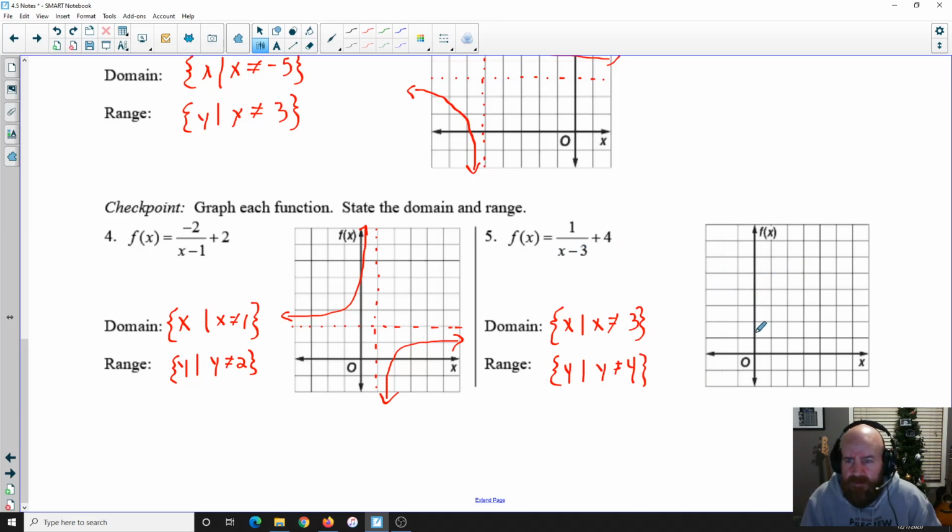And let's see, 4, 2. So vertical, horizontal, vertical would be 1, 2, 3. And we have a positive 1, so we know we're just standard here, top right, bottom left.